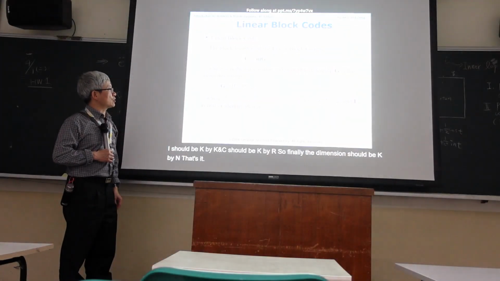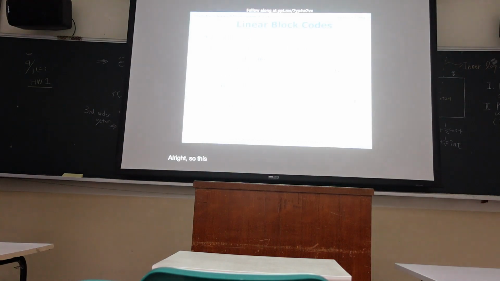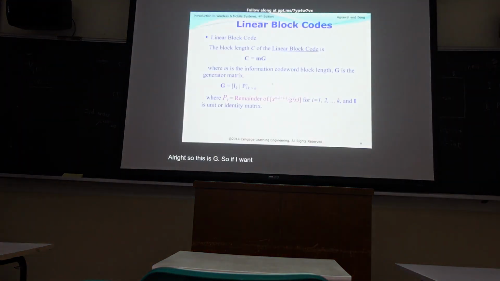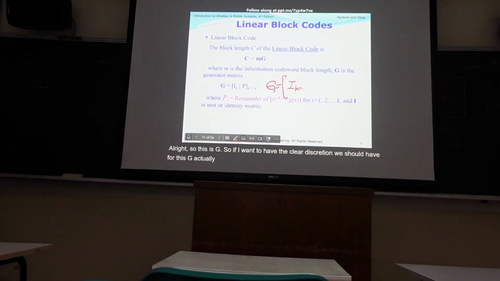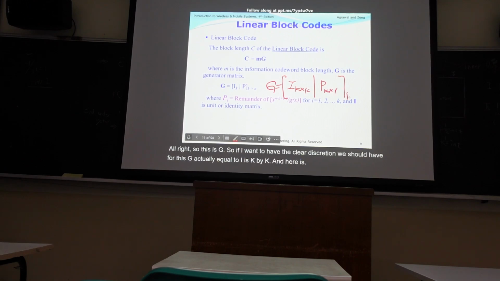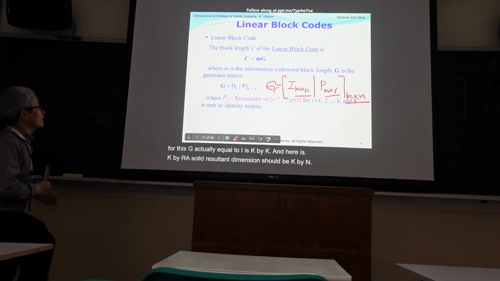Alright, so this is G. If we want a clear description, G is equal to I, which is K by K, and P, which is K by R, and so the resultant dimension should be K by N. Alright, that's all.